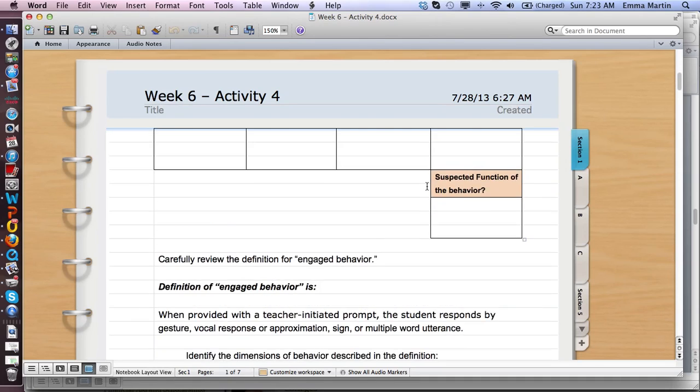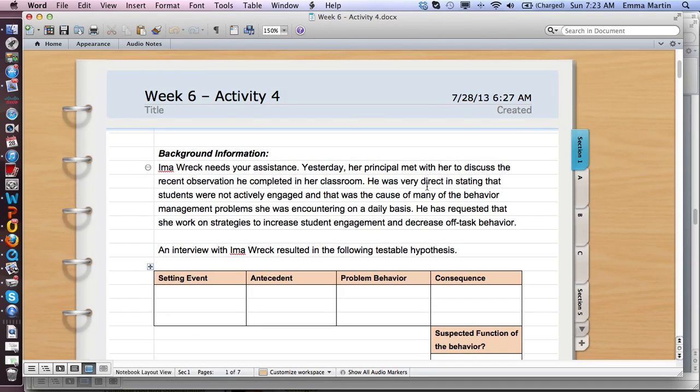So the first step that we looked at was doing a hypothesis, or coming up with a statement in terms of setting event, antecedent, problem behavior, consequence, and the function of the behavior.